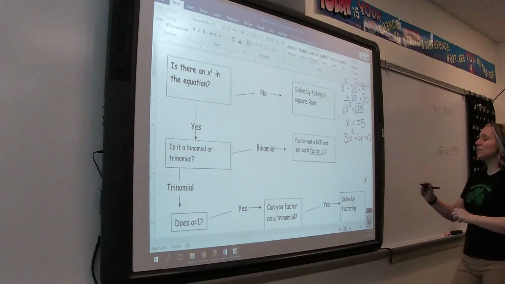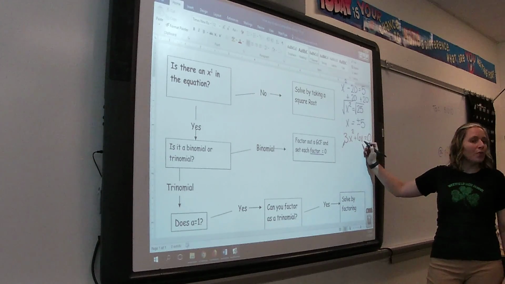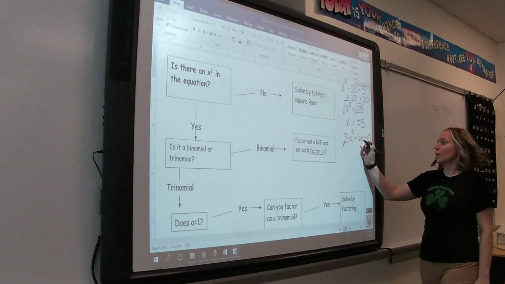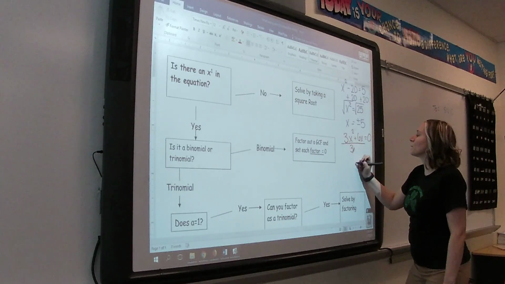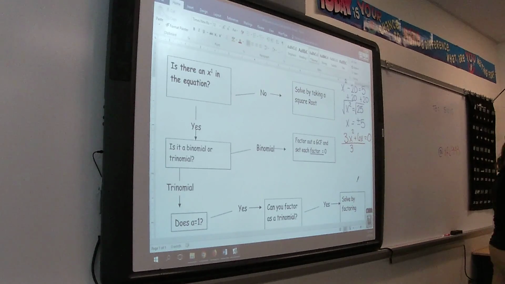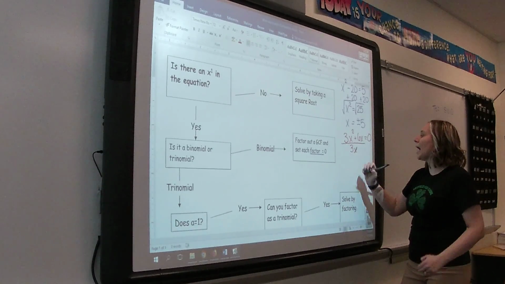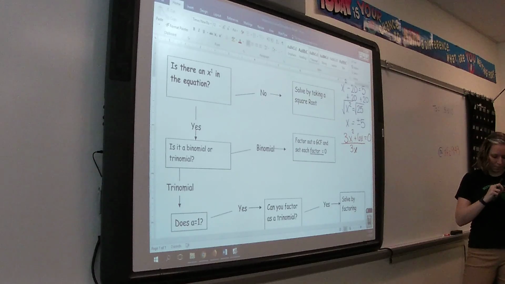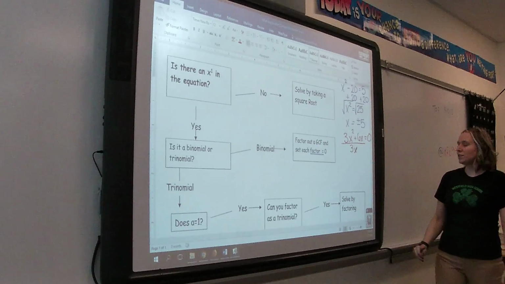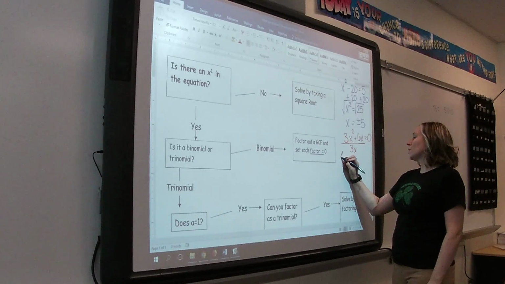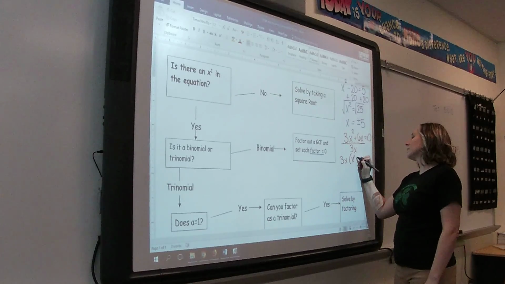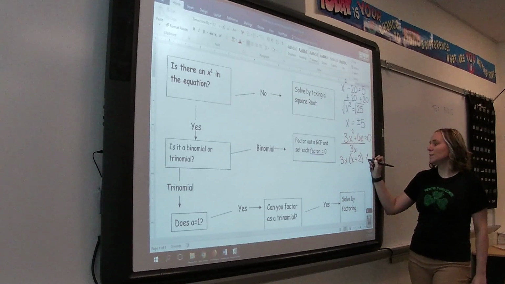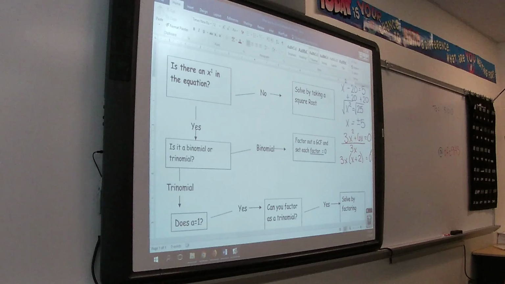So we're factoring out a GCF. What goes into 3 will also go into 6: 3. Do they both have the variable? Yep. The smaller one is x, so we can factor out a 3x. So this factors into 3x times x plus 2 equals 0.